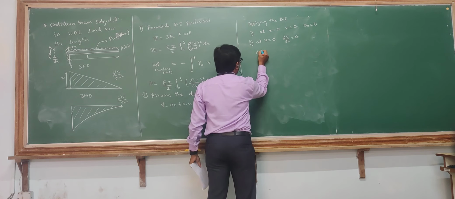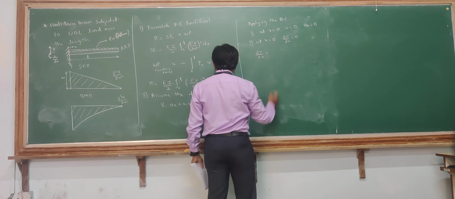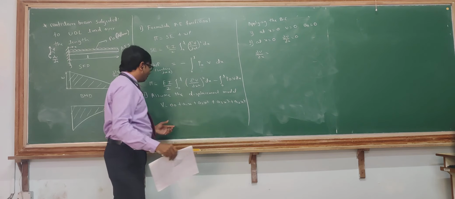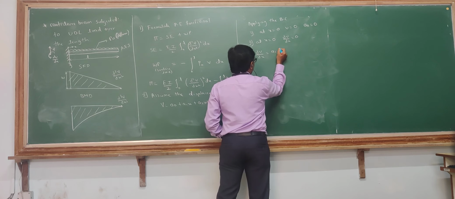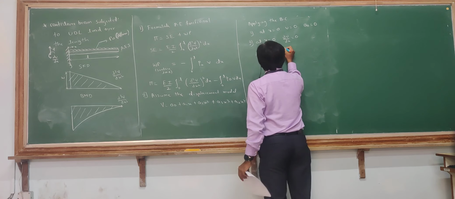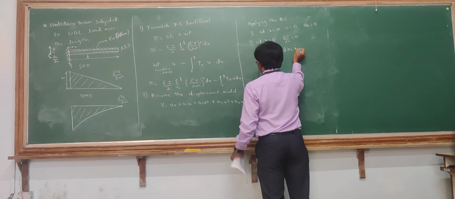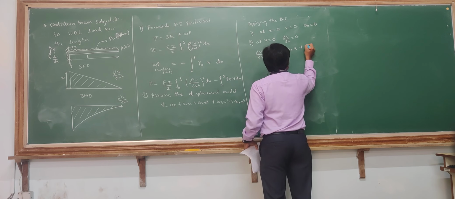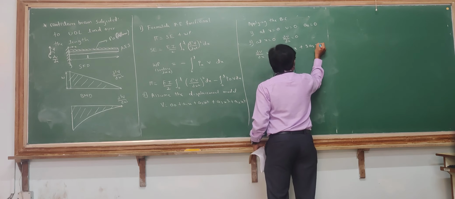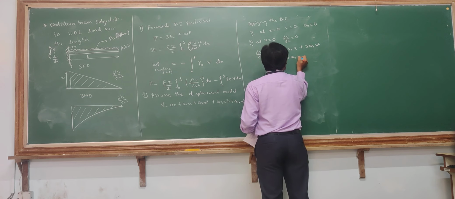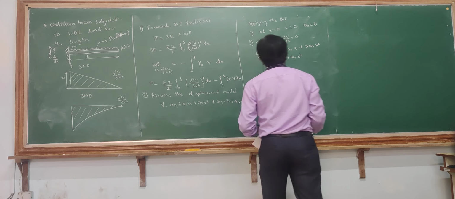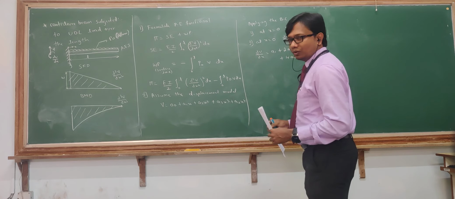So dv by dx is equal to a1 plus 2a2x plus 3a3x squared plus 4a4x cubed. So this is the dv by dx which we have got.